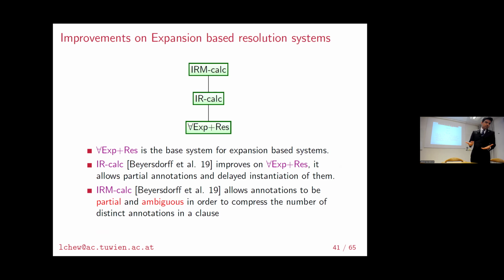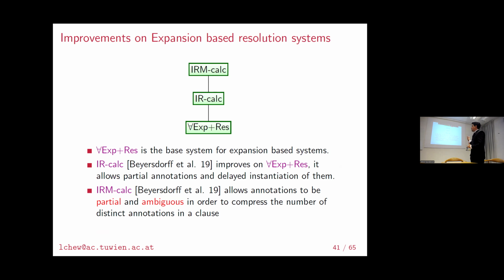What about these other proof systems? I haven't properly defined them, but the idea is that expansion uses these complete assignments and complete annotations at the axiom level. In the IR calculus, you can delay the annotations or the assignments. So you conservatively give the clauses annotations, and then you can perform instantiations in later steps.